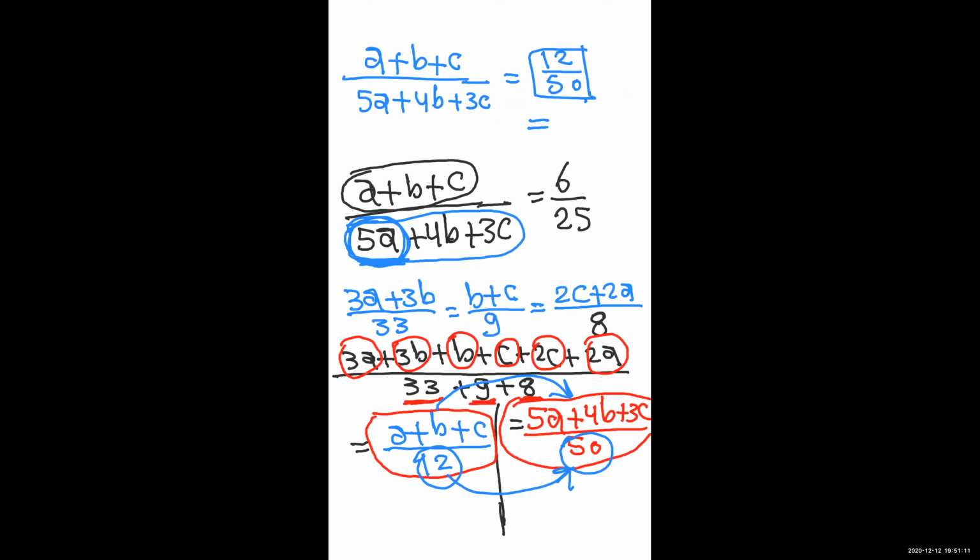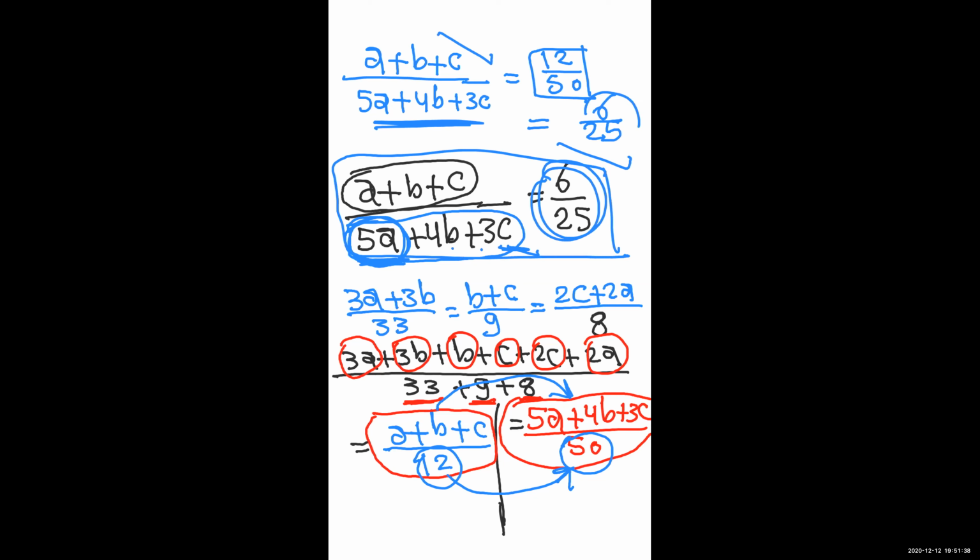We can divide it by 2, so 6 over 25. Check the question: prove that a plus b plus c over 5a plus 4b plus 3c equals 6 over 25. Yes, it equals 6 over 25. So that's the proof. Now this one is clear. Great.